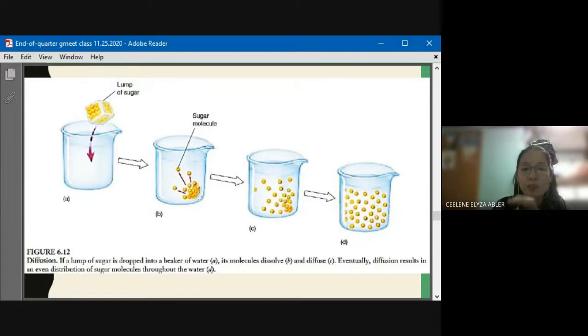So, you just place it, tapos napapansin ninyo that it slowly dissolves into the water until that you come upon na parang wala ka ng sugar na granules at the bottom of the glass of your water, and you notice na the water is actually, halimbawa, ginamit mo is a brown sugar. So, the water actually has a very medyo light brown na siya na tint.